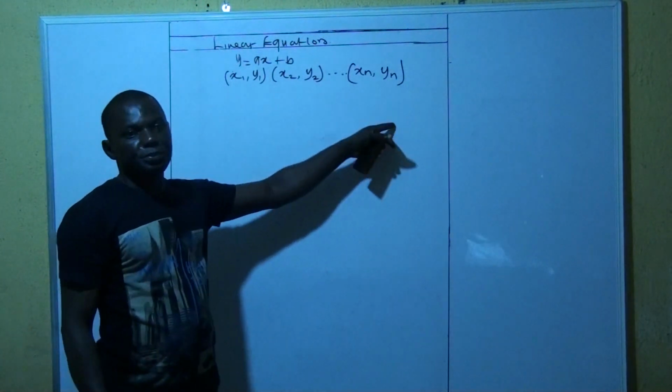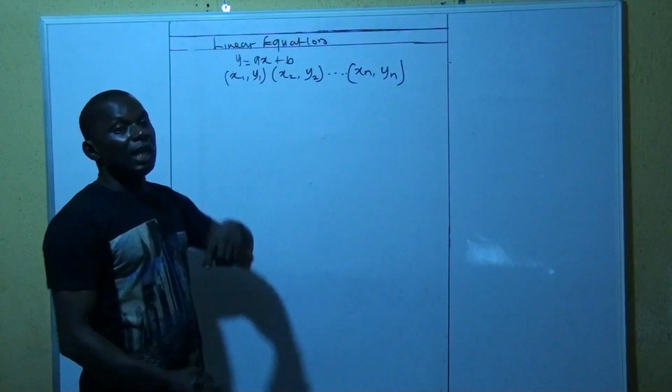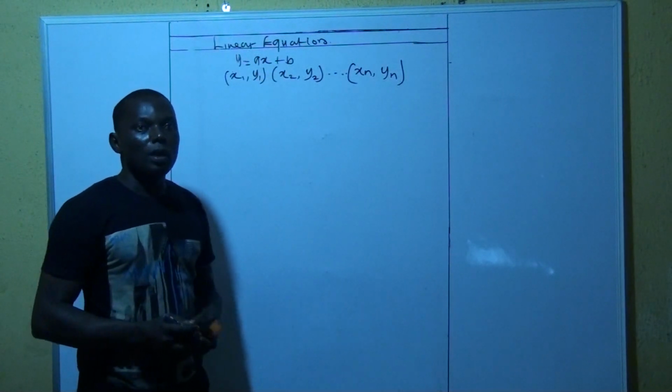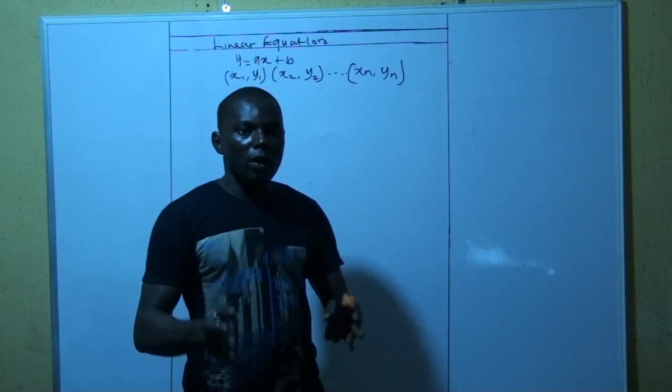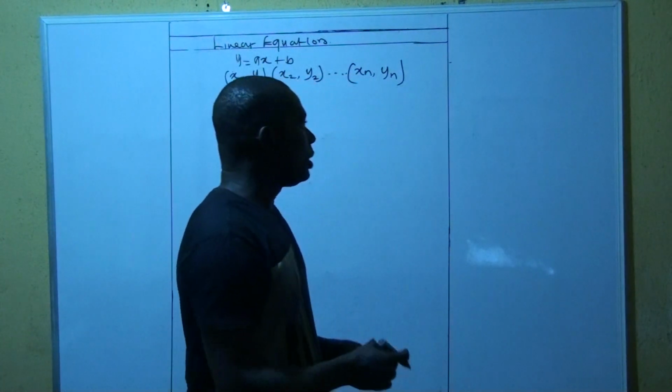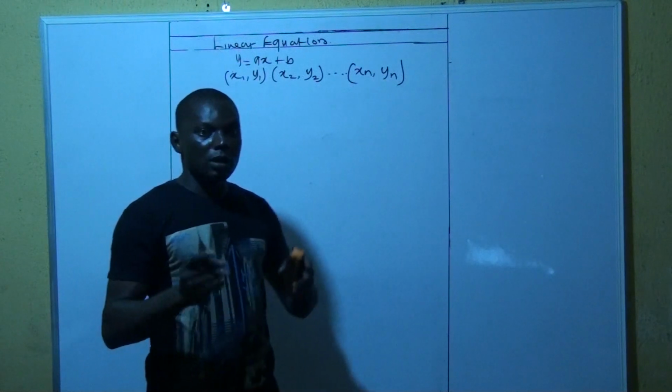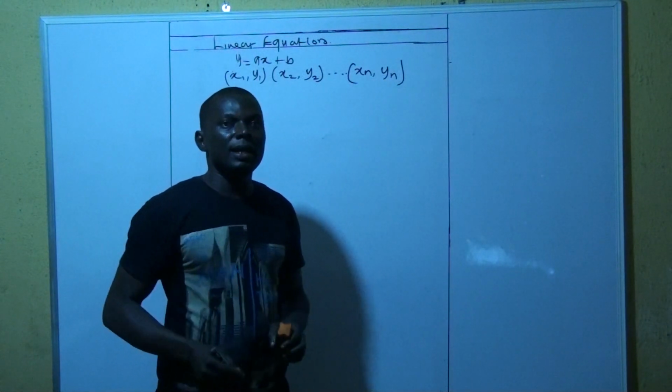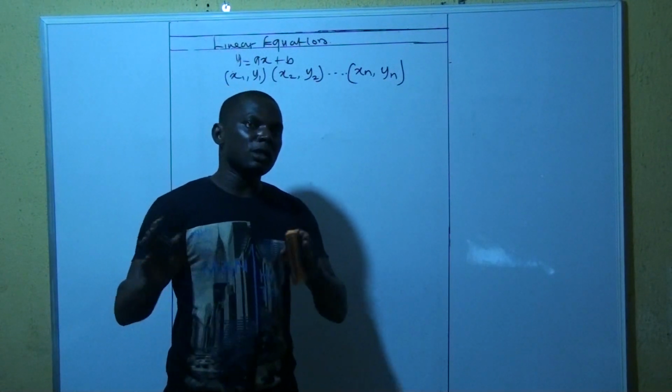different pairs of this equation, if they are plotted on our Cartesian plane, that is on our graph, the kind of graph they are going to generate is typically a straight line graph.